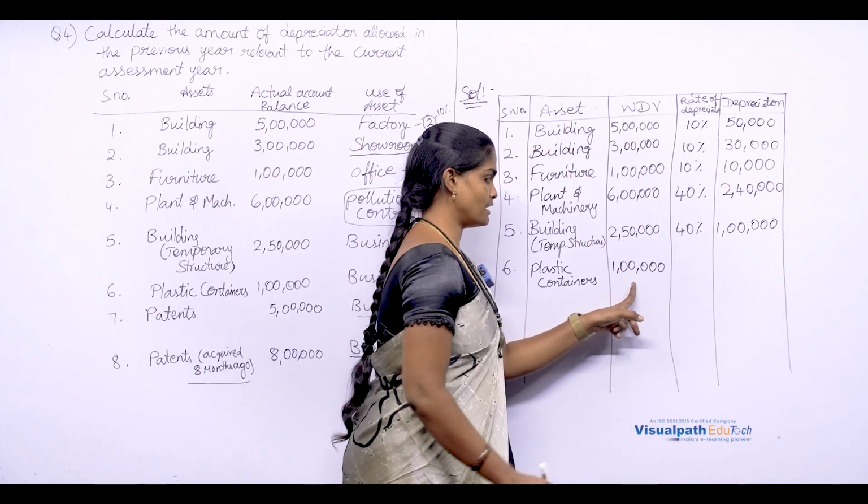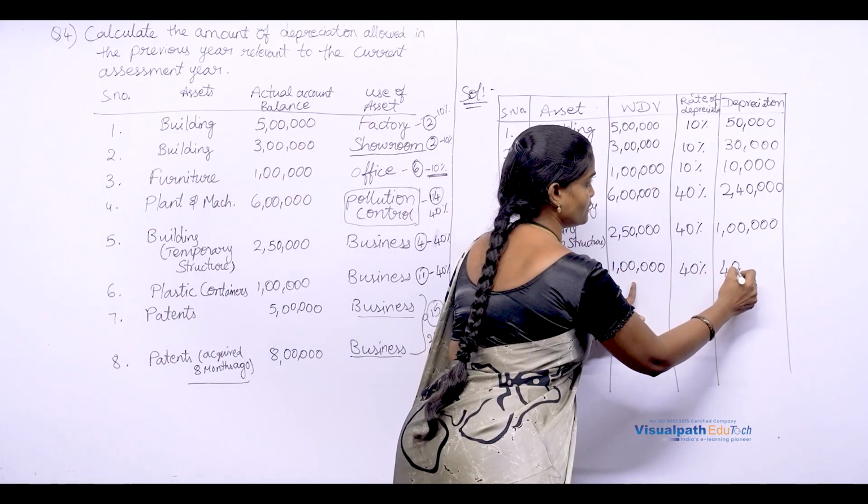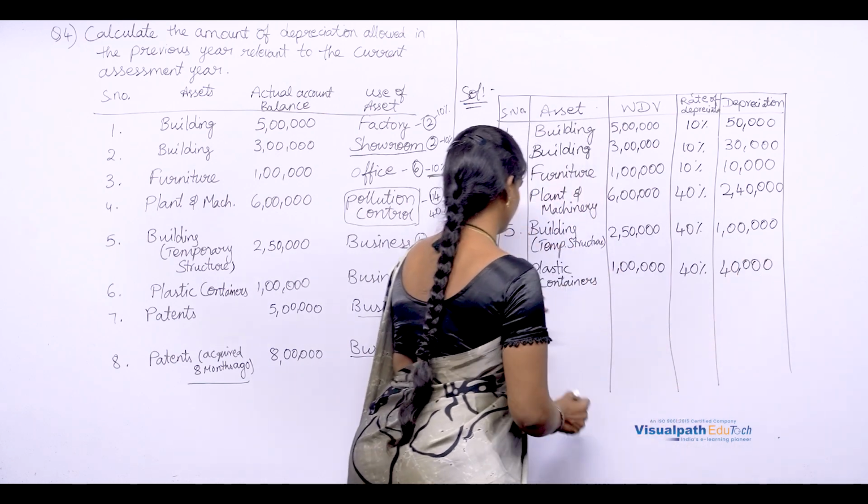So 1 lakh into 40%, you will get 40,000.